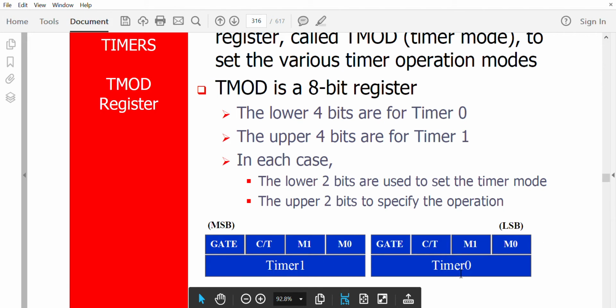So what do you have in these 4 bits? The low order 4 bits and the high order 4 bits are the same. The only difference is that the low order is for timer 0 and the high order is for timer 1. So you have M1, M0 which will set the mode. You have GATE and C bar T. Now we'll see what these are.